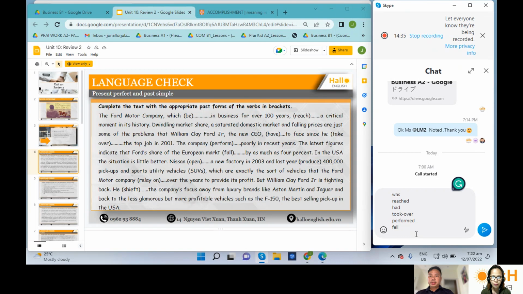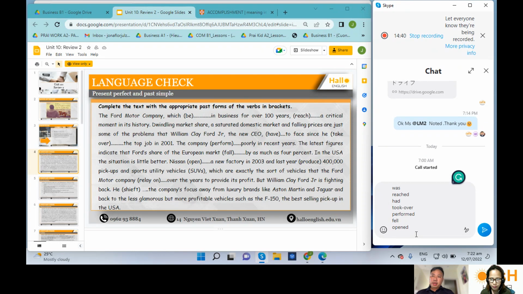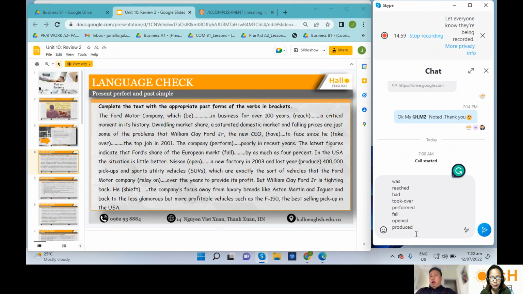Nissan opened a new factory in 2003, and last year produced 100,000 pickups and sport utility vehicles.